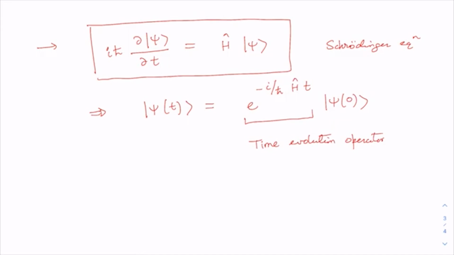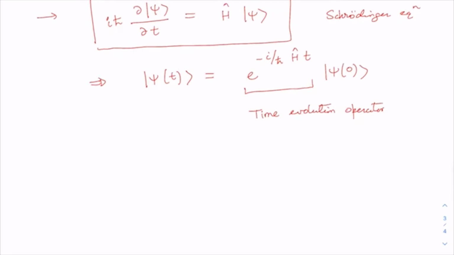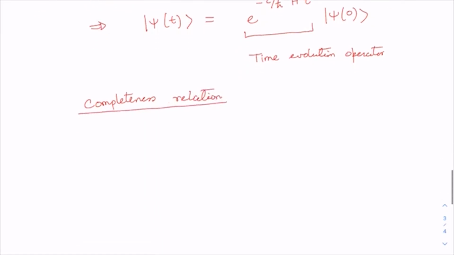One very useful relation in quantum mechanics is the so-called completeness condition. Let me briefly remind you about it. It is a very important relation, the completeness relation, or sometimes it is called the closure relation also.